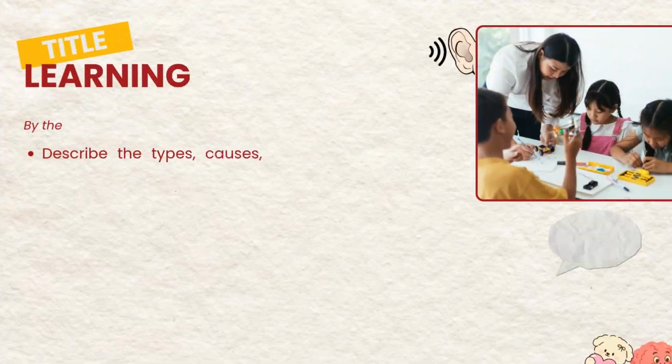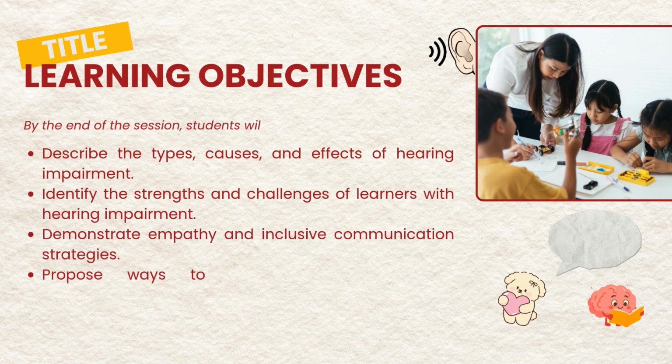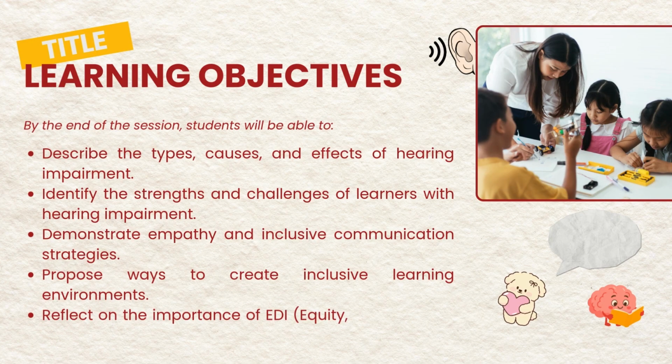By the end of this session, you will be able to: 1. Describe the types, causes, and effects of hearing impairment. 2. Identify the strengths and challenges of learners with hearing impairment. 3. Demonstrate empathy and inclusive communication strategies. 4.